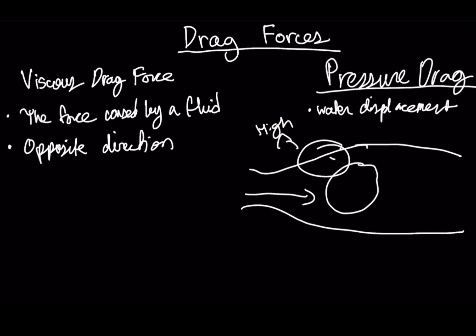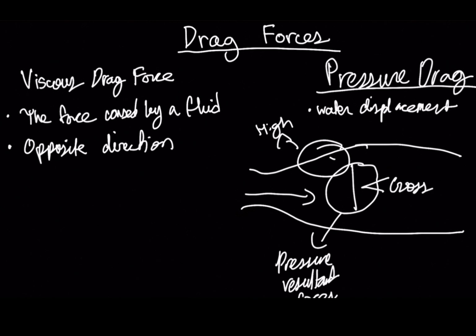and then down here at this area there's going to be some pressure resultant forces, and over here there's a cross section where the high pressure and pressure resultant areas converge.